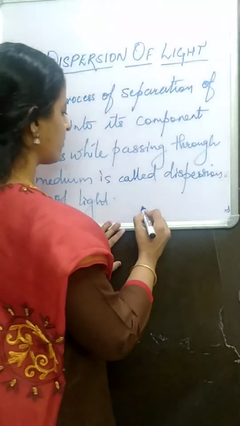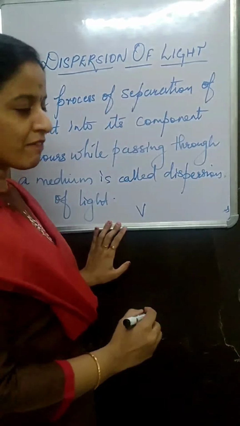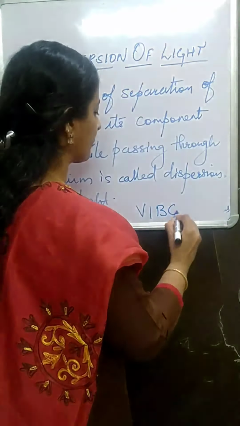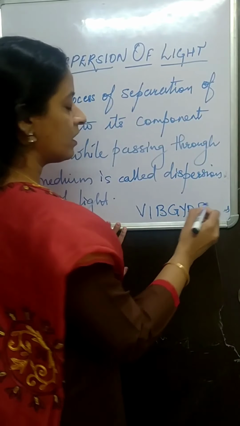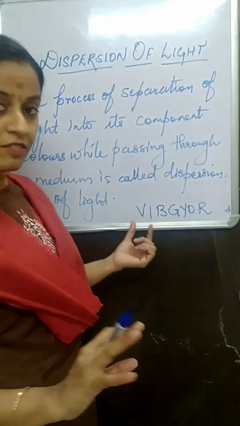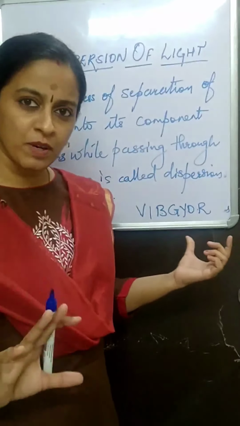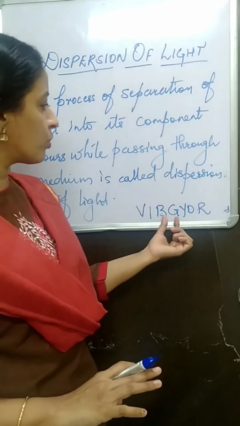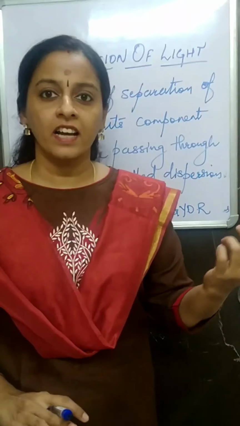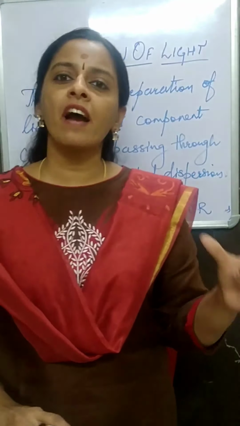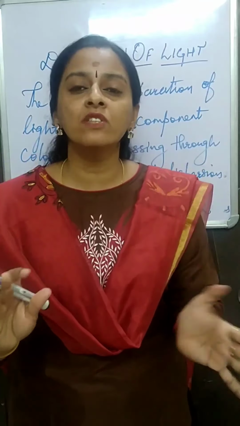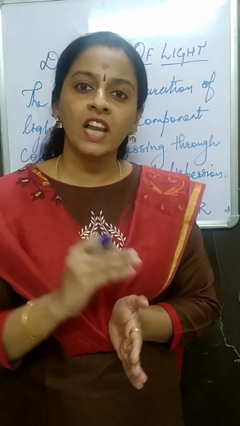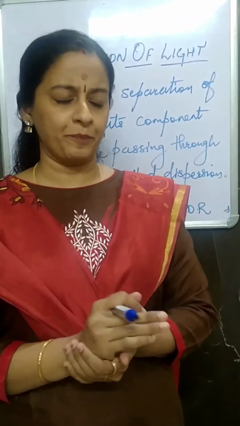To make it easy, we call it VIBGYOR. Each and every color you are very much thorough with. Violet, indigo, blue, green, yellow, orange and red. These are the 7 colors which we have considered for our simplicity. Always remember that there are millions of colors onto which the light is getting split.